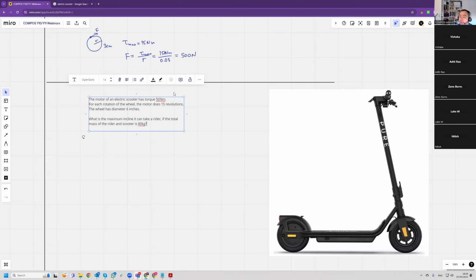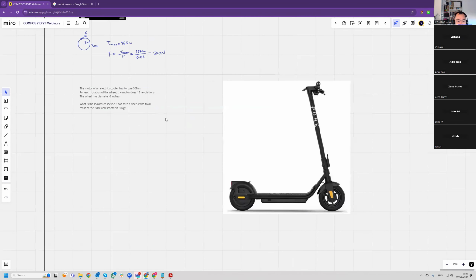Okay. So we have a scooter. It has a maximum torque, and for each rotation of the wheel, the motor does 15 revolutions. So the motor spins 15 times, but the wheel spins only once. That means the gear ratio is 1 to 15.